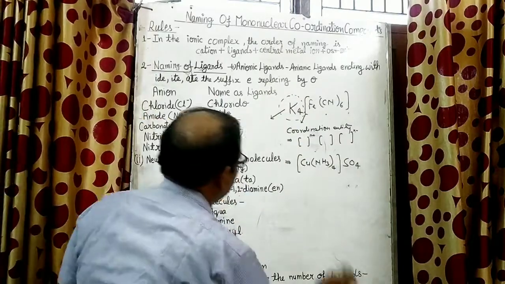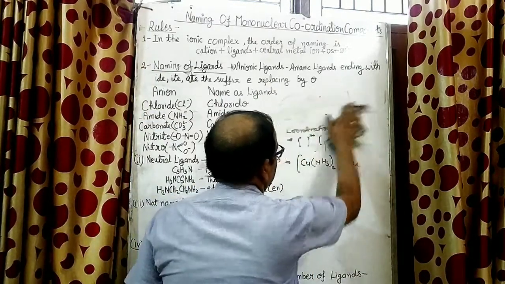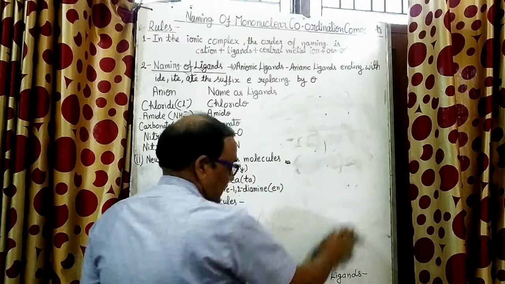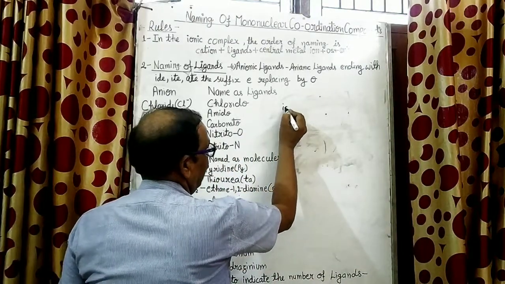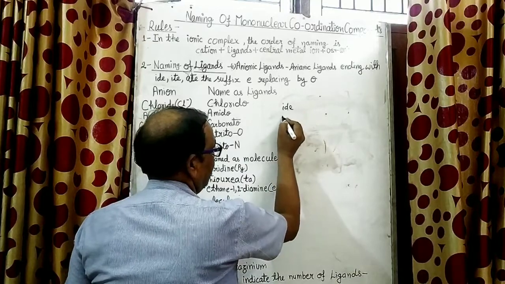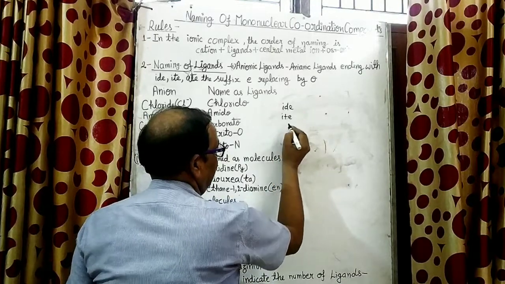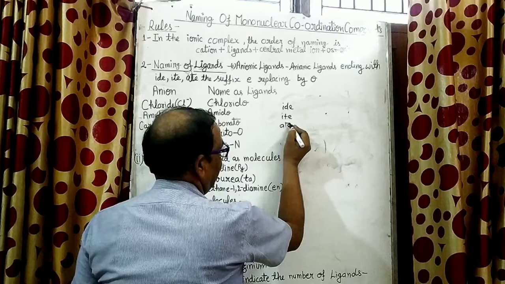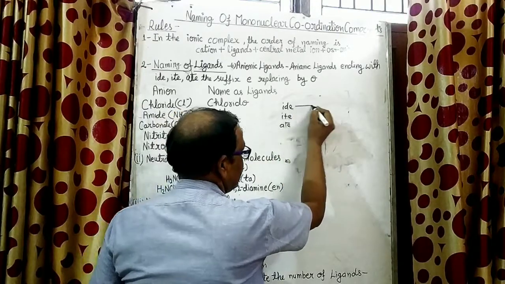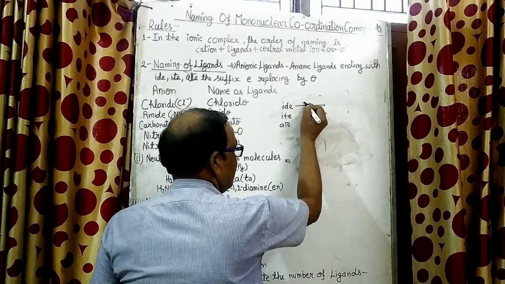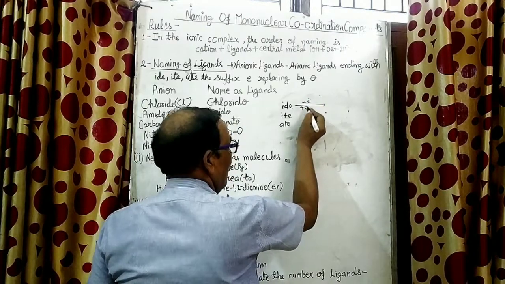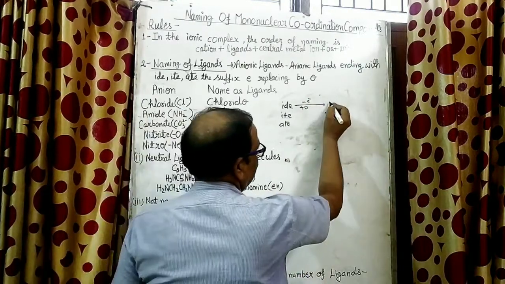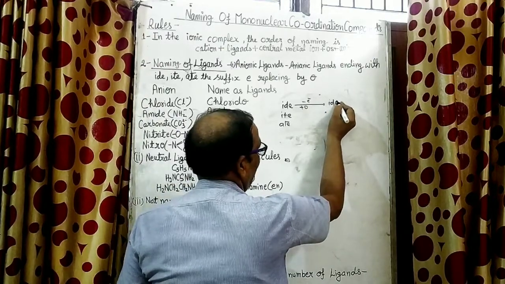For example, if the suffix is ide, ite, ate, then in each case the suffix e is replaced by o, that is ido.